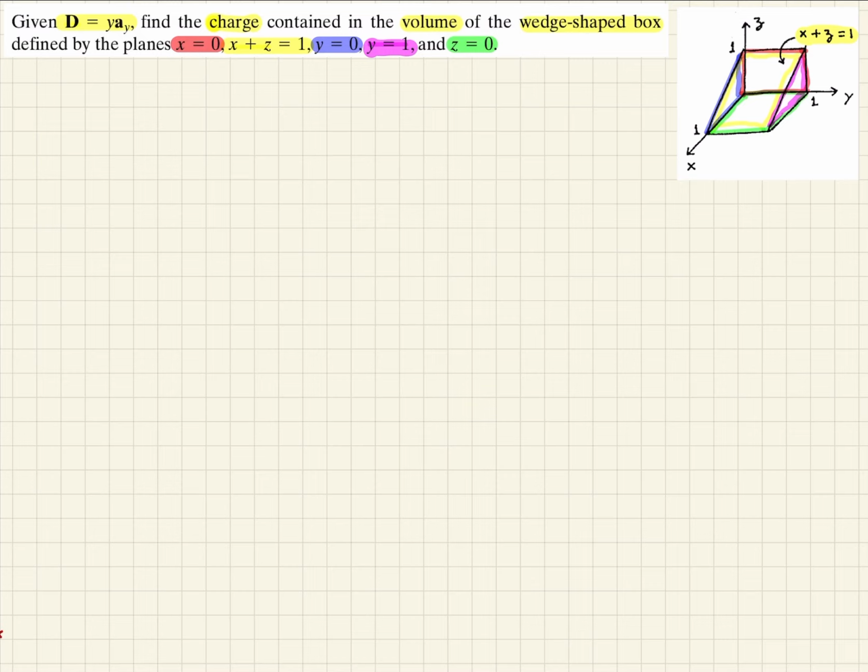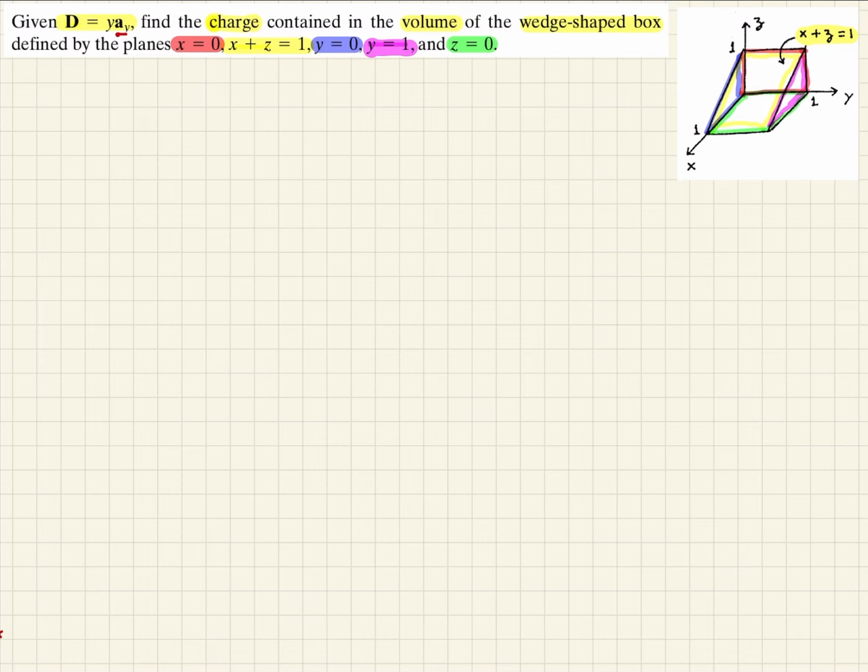So it's a totally enclosed volume. And so they're asking us to determine what the charge is inside of this volume if we have a displacement current defined in the y direction. So since we have this a_y term here, anything that is perpendicular to the y-axis is going to be 0 by definition, because the dot product will be 0.